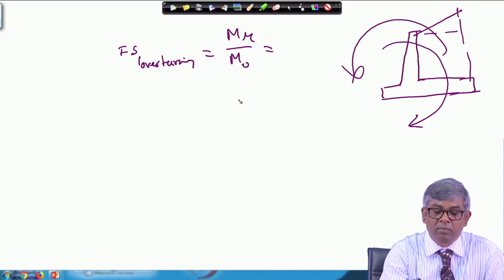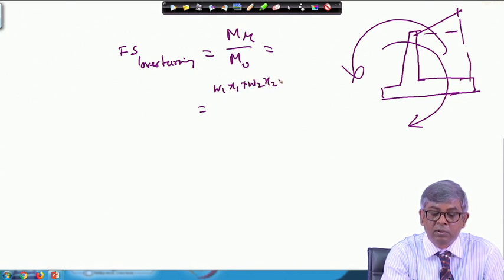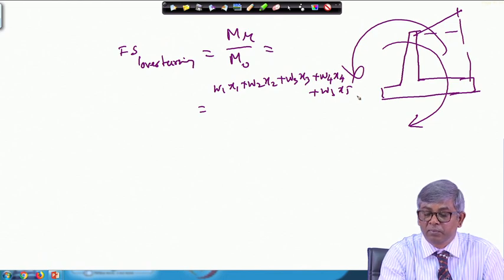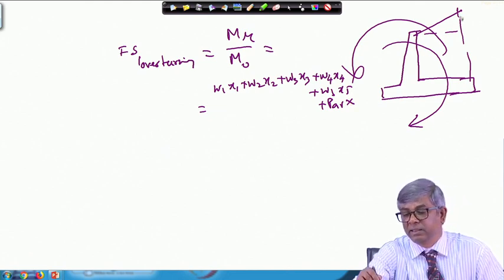M r will be all forces, W 1 X 1 plus W 2 X 2 plus W 3 X 3 plus W 4 X 4 plus W 5 X 5 plus P A V multiplied by the distance, that was at a distance here actually.